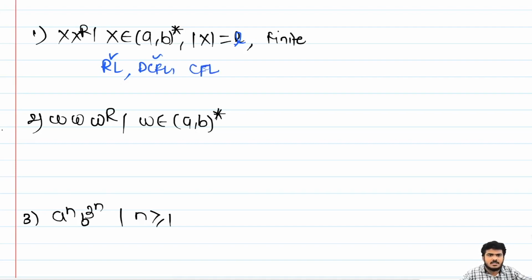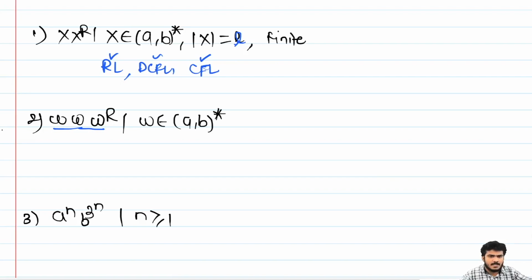Next example, WW reversal, where W belongs to a comma b whole closure. We have already gone through such type of example. Even for WW itself we are not able to form a pushdown automaton. So designing a PDA, whether deterministic or non-deterministic, is not possible.